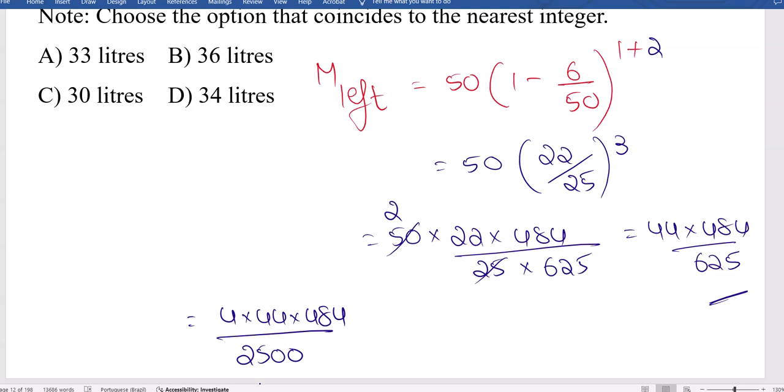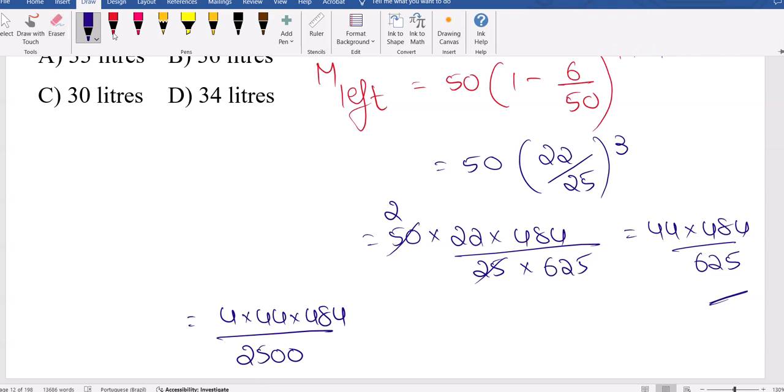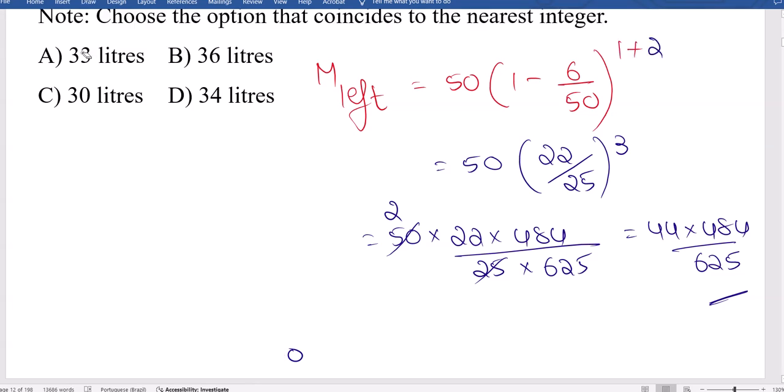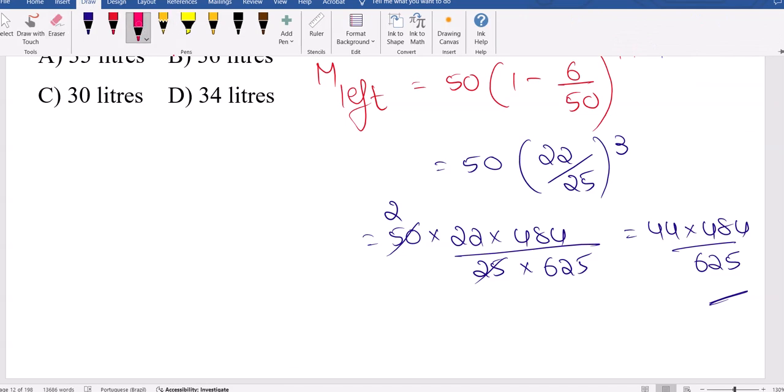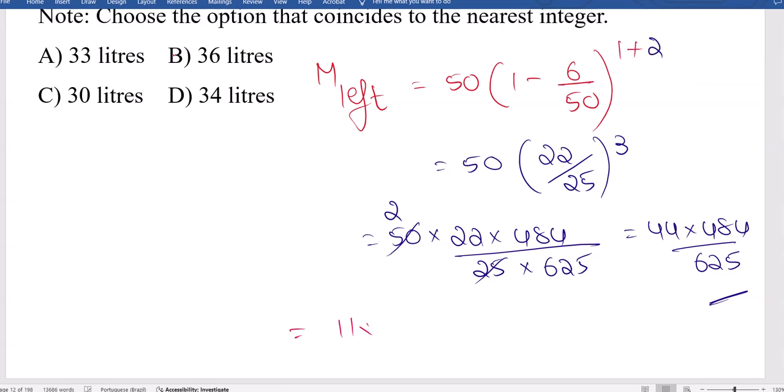Your calculation will definitely take time in this question. Fine, let me try. And in the exam, you have enough time, don't worry about it.